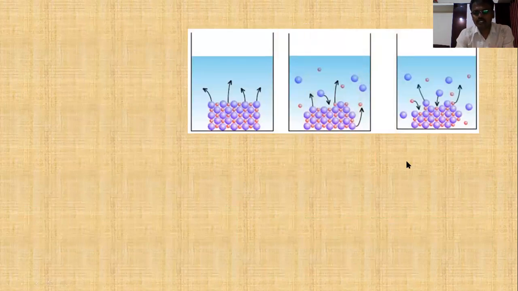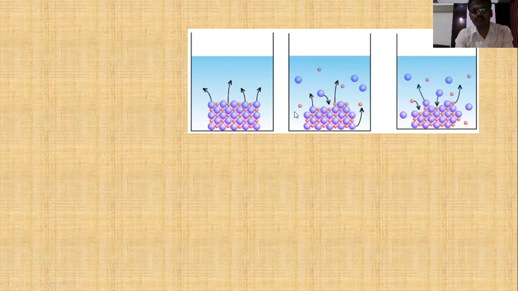Yes, students, take a closer look at this particular diagram. With the help of this diagram, I'm going to explain the process of dissolution of solute. During the formation of a solution, what processes are going to occur?